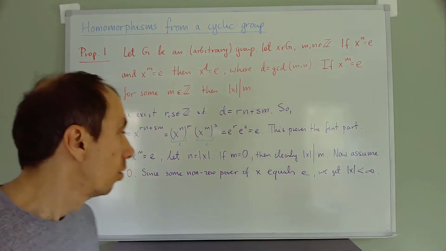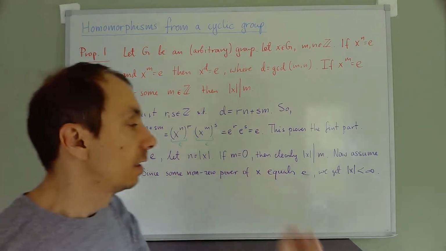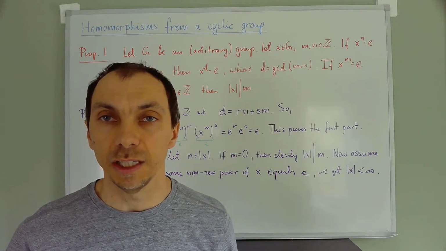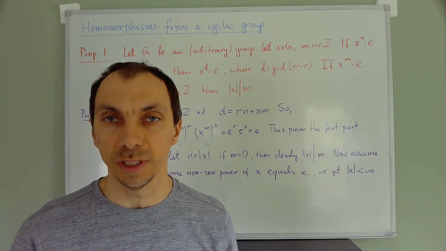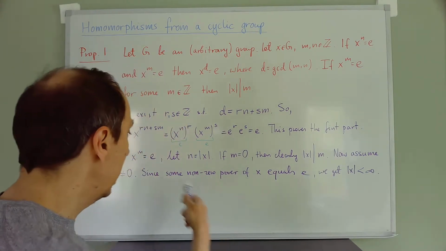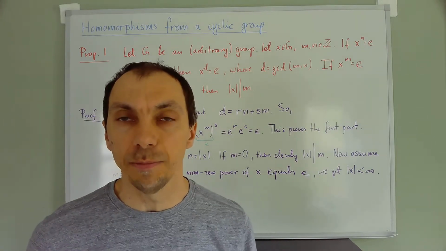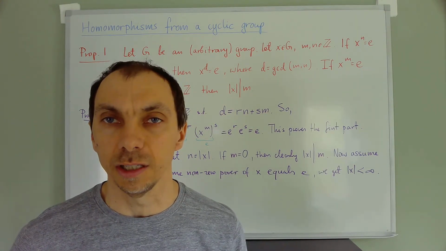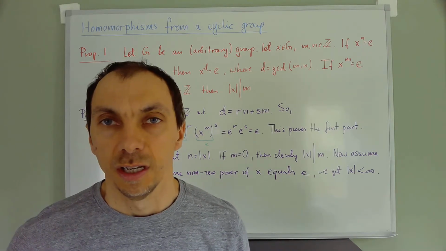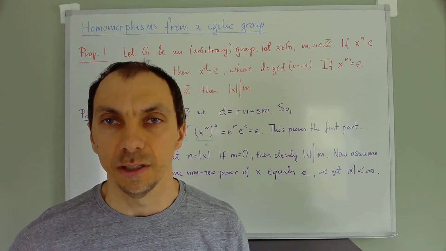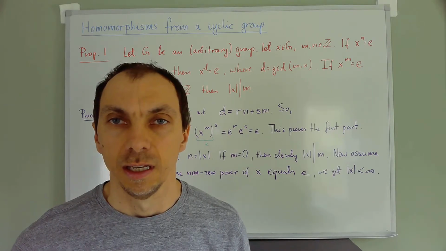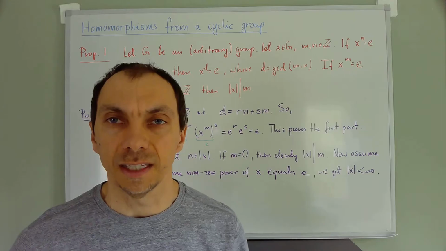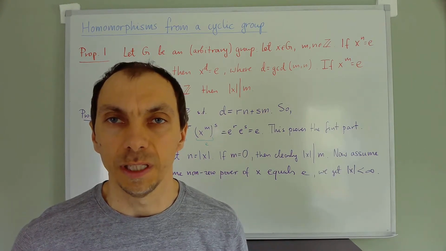Now, why is that true? Well, if m is positive, then because x to a positive power is equal to the identity, I know the order is at most m. But what if m is negative? That doesn't directly give me a positive integer such that x to that positive integer is the identity. Well, actually it does, because if x to a negative integer is the identity, then x to the negative of that negative integer would be the identity.